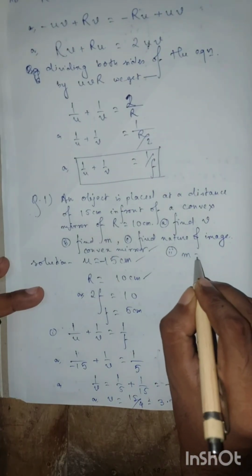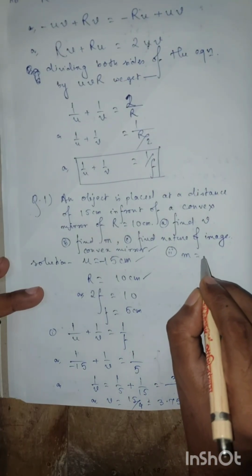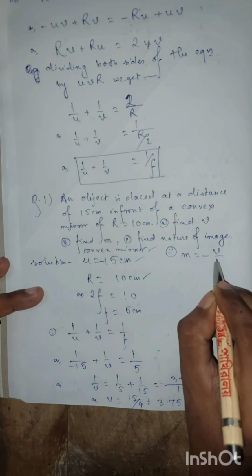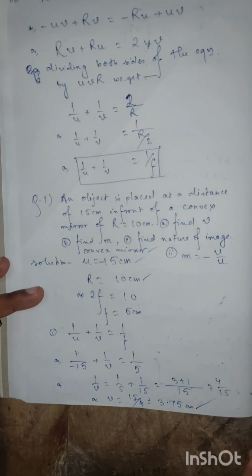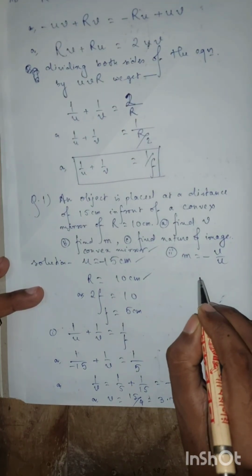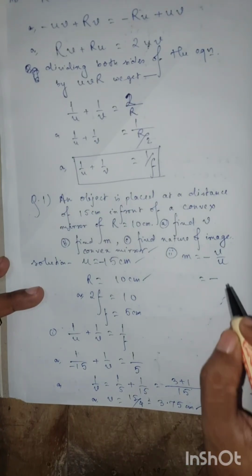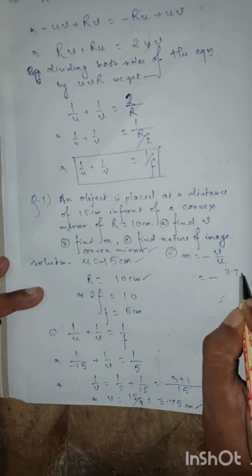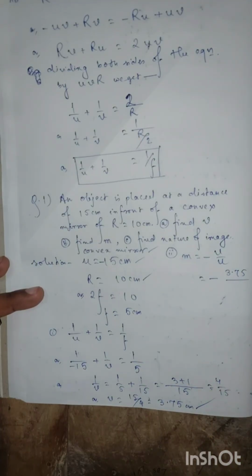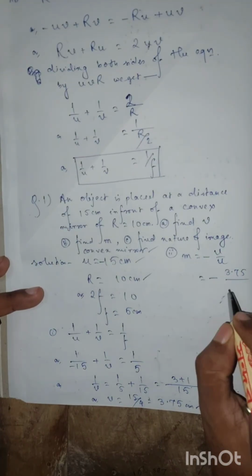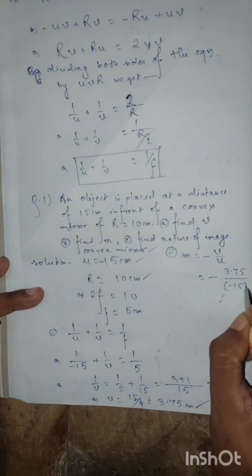So linear magnification is equal to minus v by u. So minus v is 3.75 and u is minus 15.